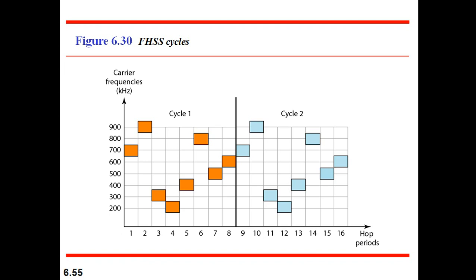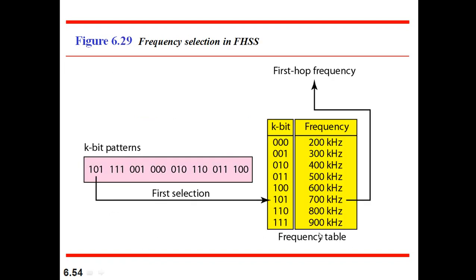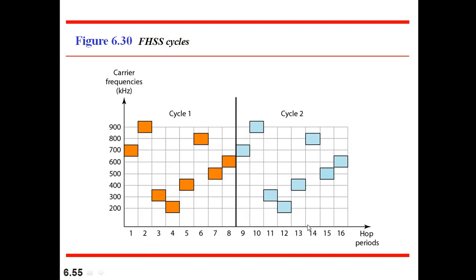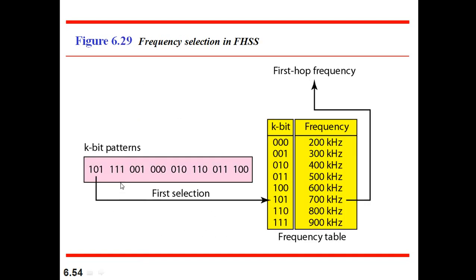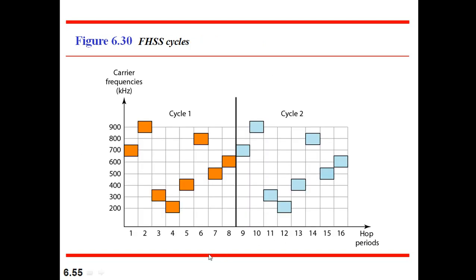In the next hopping period, a k-bit pattern, we are selecting a 900. In the second hopping period, I am selecting a carrier signal with a frequency of 900 kilohertz. Here in the second hopping period, we are transmitting our signal in this particular channel.